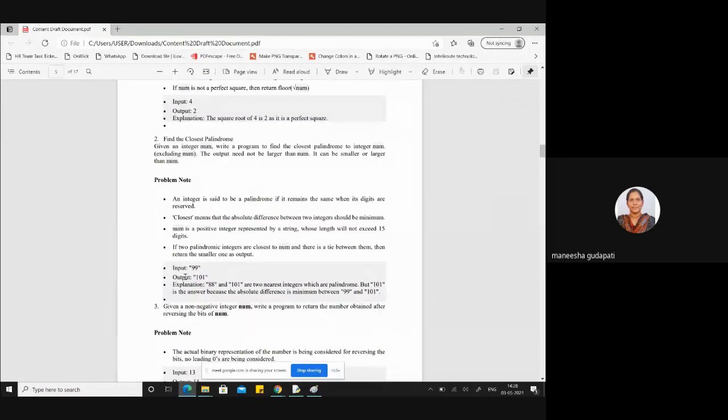For suppose here they have given you input 99. So what will be the output? The output is 101, because the smallest value near to 99 is 88 and the other number is 101. So what is the difference between 99 and 88?